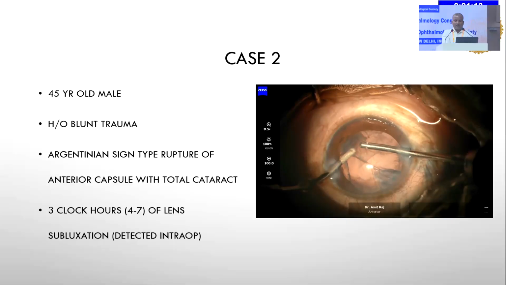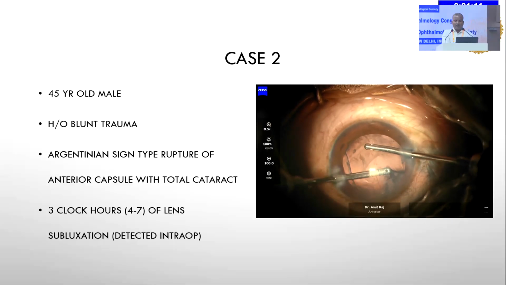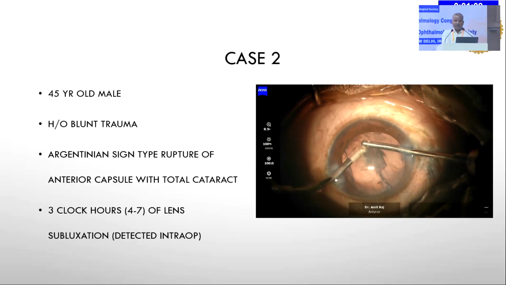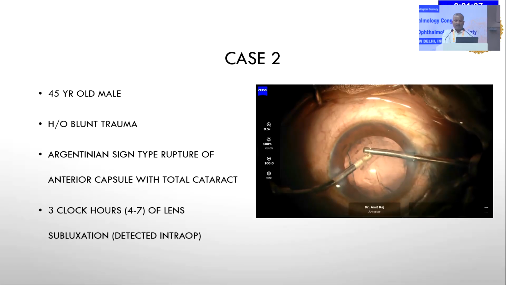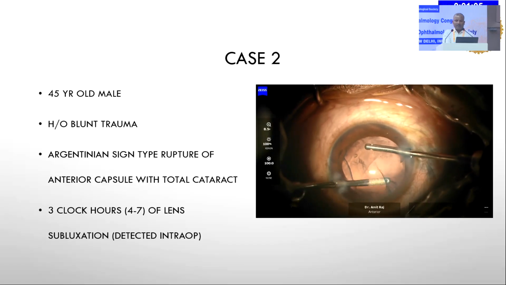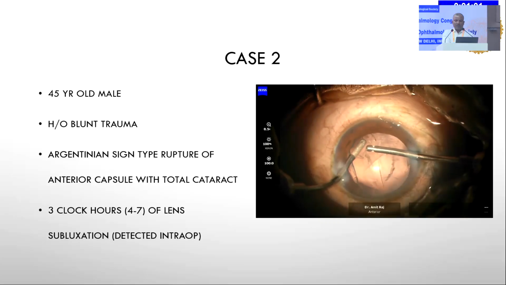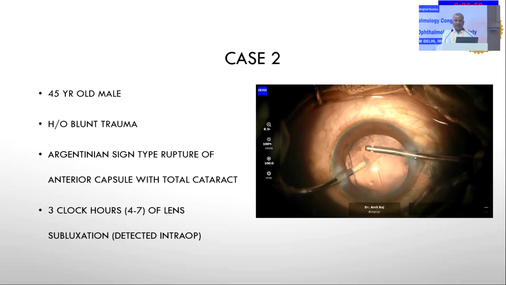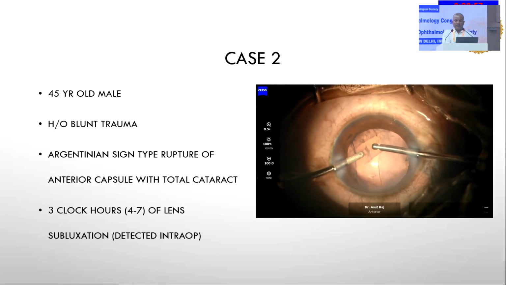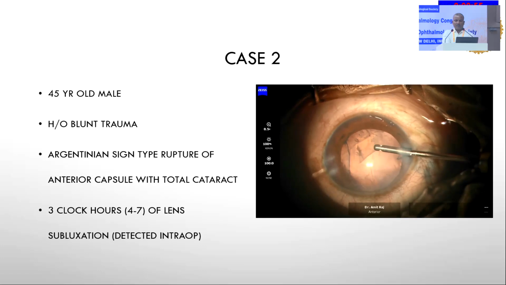So after completion of cortical matter aspiration, triamcinolone was injected to rule out any PC rupture or defect.